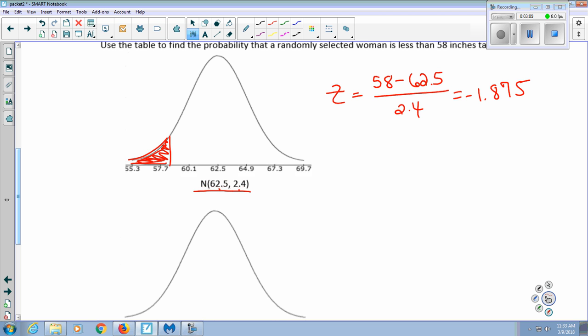So when we're using our tables, we're always going to be rounding to the 100th digit because that's what our table works to. So negative 1.88.